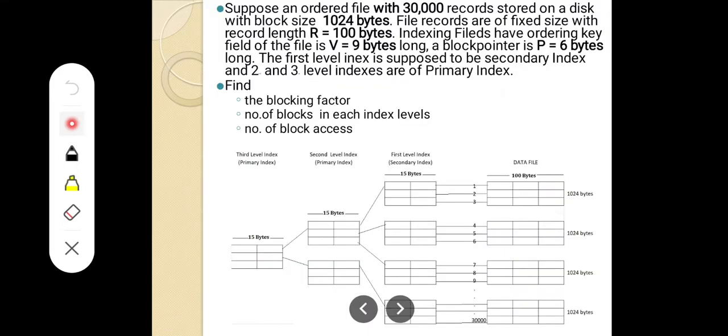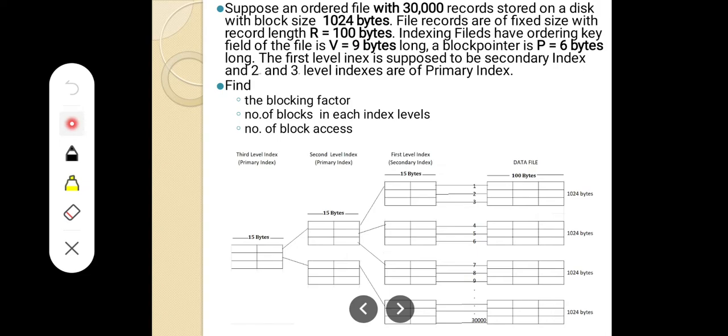So this is one example numerical problem based on multi-level indexing. Suppose an ordered file with 30,000 records on a disk with a block size of 1024. We have already seen these similar values in the previous sessions. We are using the same numerical values to do our problems based on multi-level indexing also.